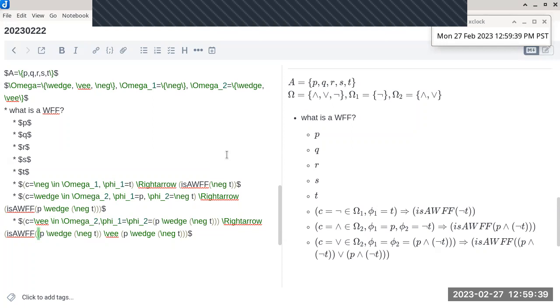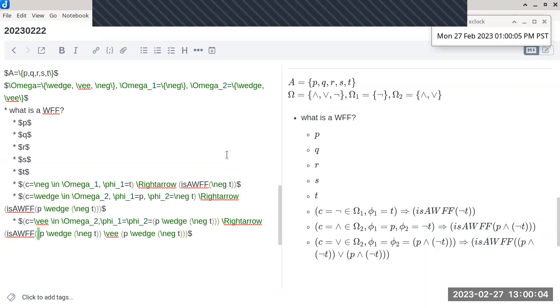So let me ask you this question, okay? Just using P, Q, R, S, T, even if I just have that as the only thing in alpha, and using the omega as it is defined, I can make an infinite number of well-formed formulae. Most of them probably are useless, totally meaningless, because they do not need to exist.